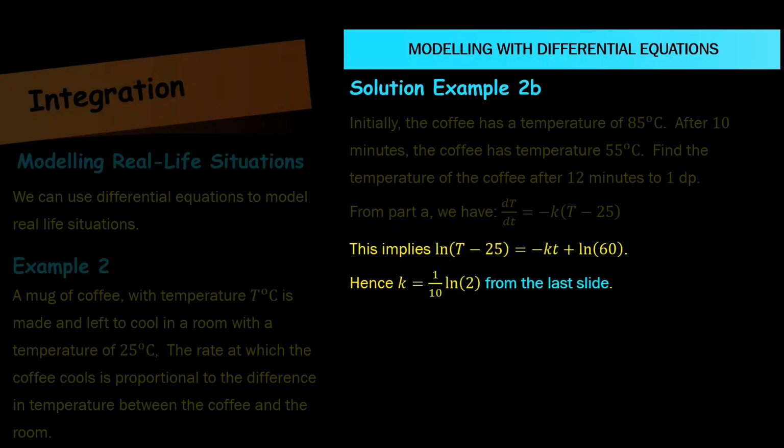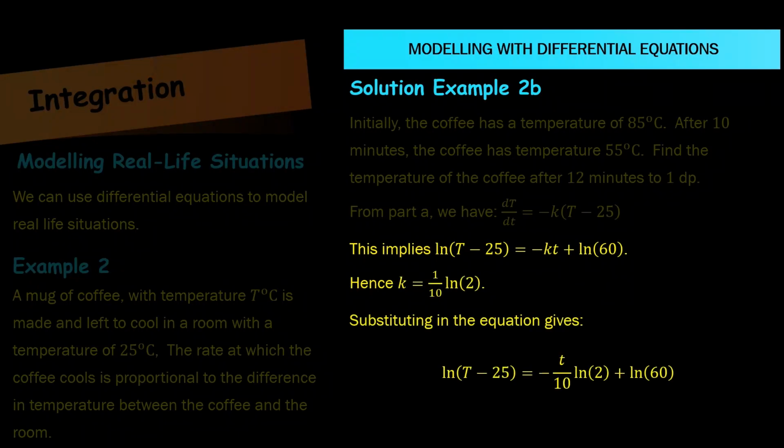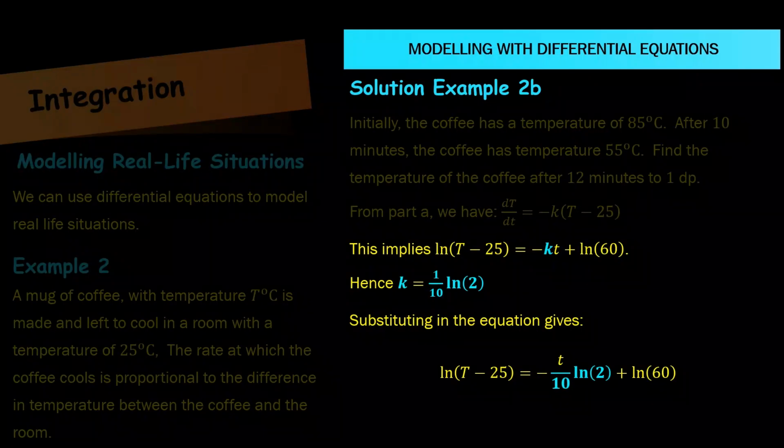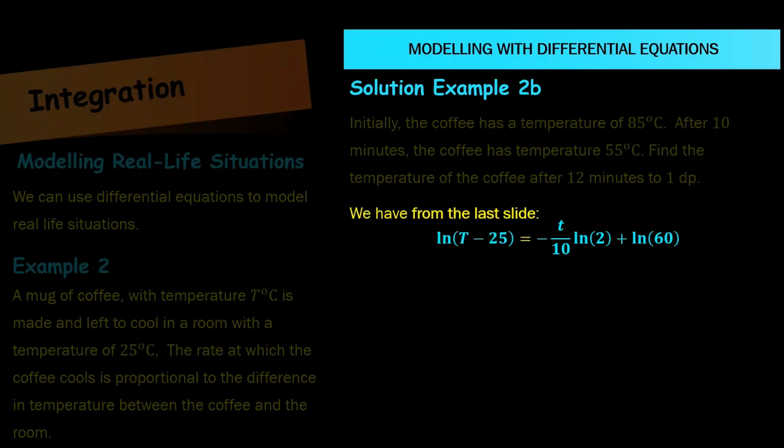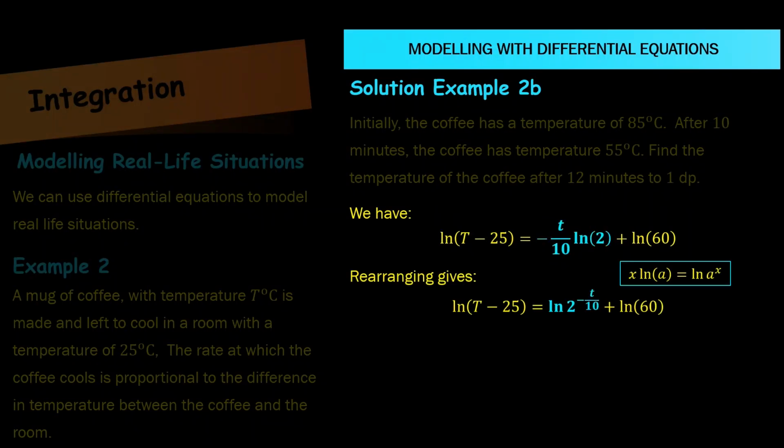Substituting this back into the main equation, as shown, gives us this expression. And rearranging this, and also using the formula x ln a equals ln of a to the power x, gives us this expression.